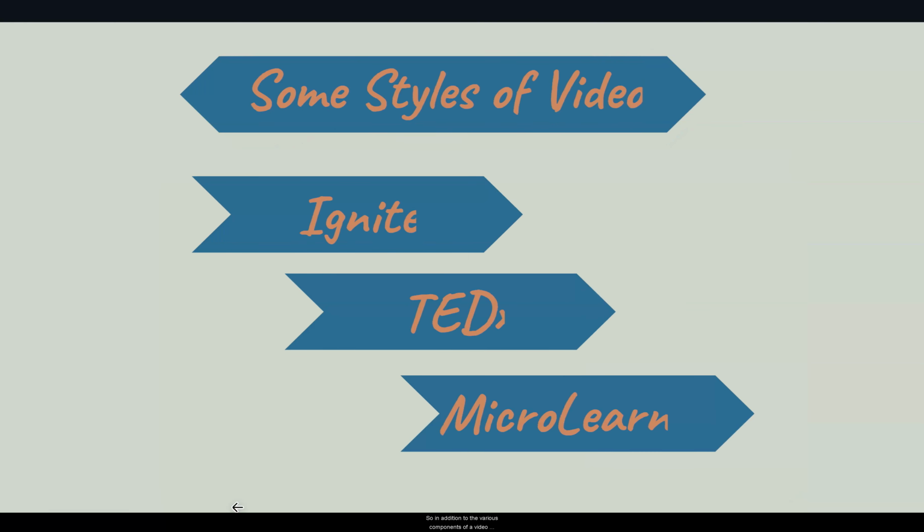In addition to the various components of a video, there are also different styles, like Ignite style videos. Those are 20 presentation slides that auto advance every 15 seconds and really focus on keeping attention. It's heavy on the images and audio working together. A TEDx style video, right, which is a video of a person walking around on a stage talking to a live audience.